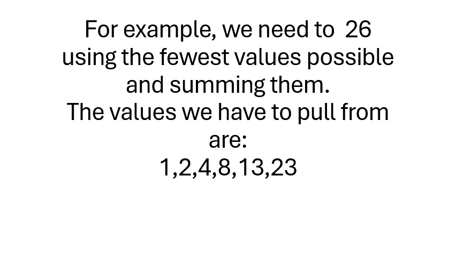So, a good example is if we have a target of 26, and backing up just a little bit, before we know the target, we have to know the input of what values we need to get to that target. So for example, in this one, to get the target of 26, we have the coin denominations, so to speak, of 1, 2, 4, 8, 13, and 23.